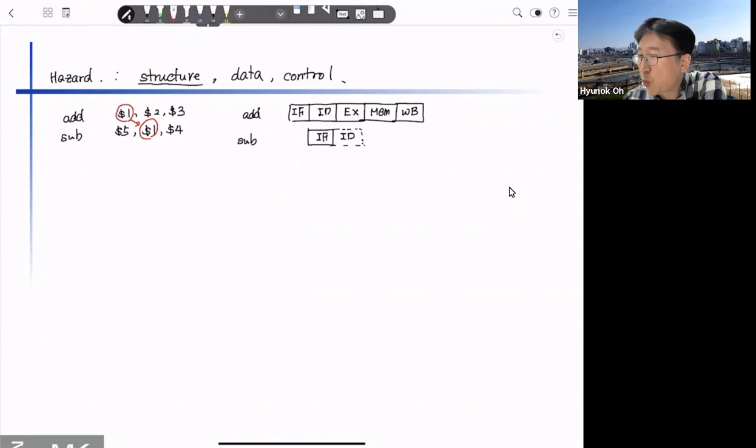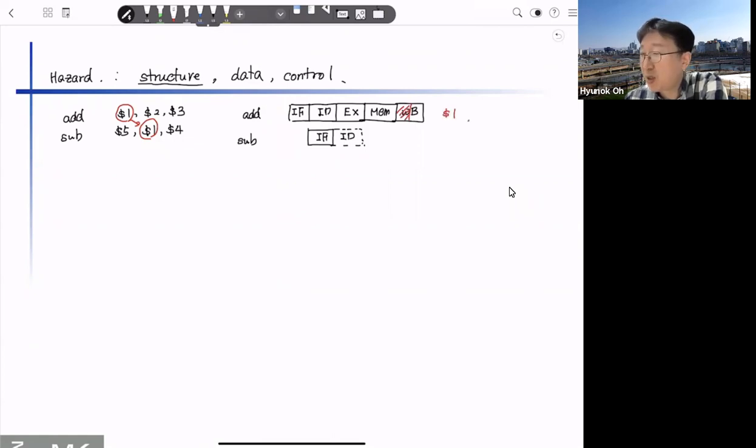But you can see that when $1 is updated by instruction add, at which stage is the $1 register value updated? In the write back, right? So write back is actually updating the $1 register. Okay.